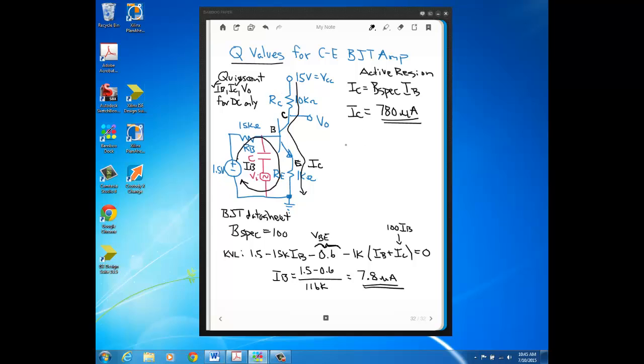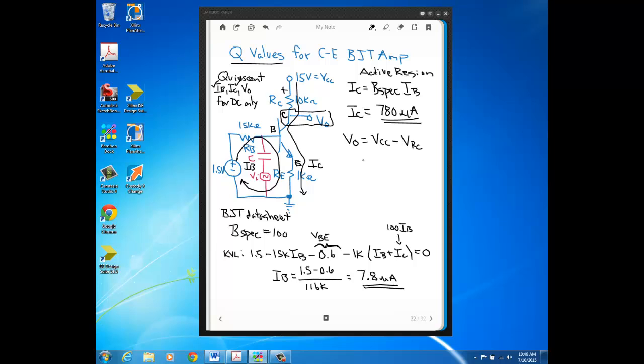Now we're just left with V0. V0 is the voltage at this node here, which is attached to the collector of the transistor, with respect to ground. So it's the voltage between these two nodes. The easiest way to get V0 is just to take the voltage drop across this resistor RC and subtract it from your source voltage VCC. So V0 is VCC minus the voltage drop across RC.